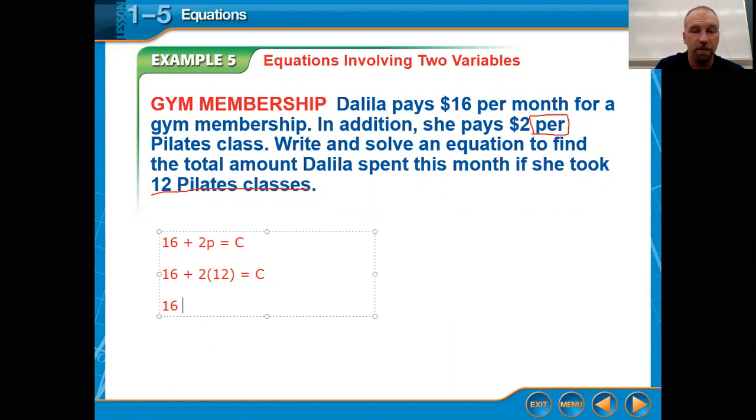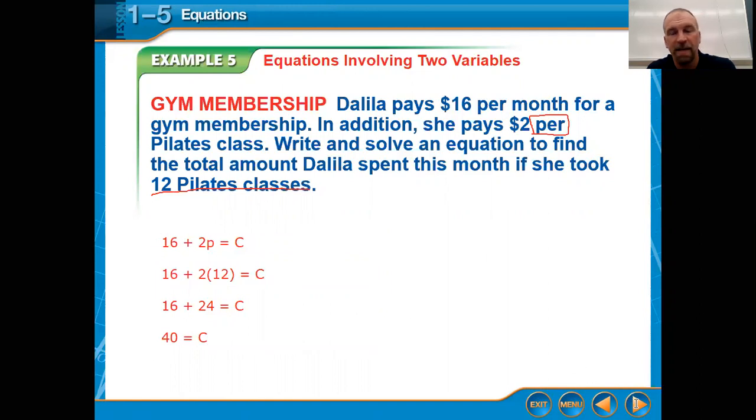So it's 16 plus 24 is equal to the cost. And that tells me that her cost is $40. That month it costs her $40 based on the $16 per month individual membership, and then the $2 for each class for her 12 classes.